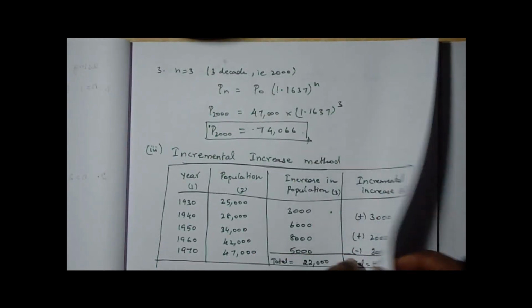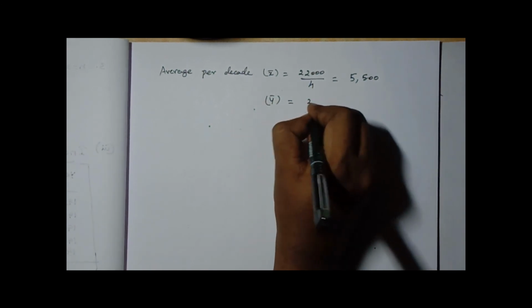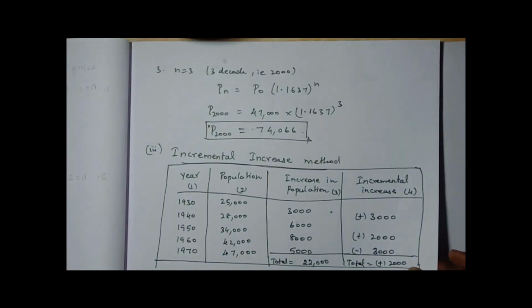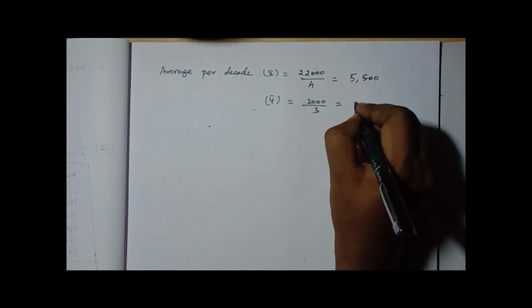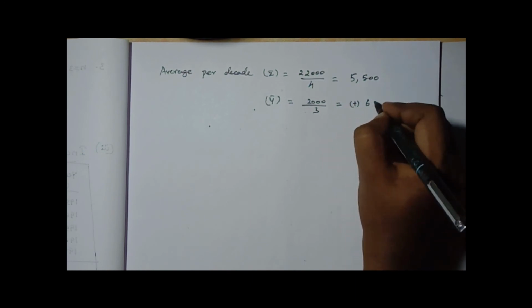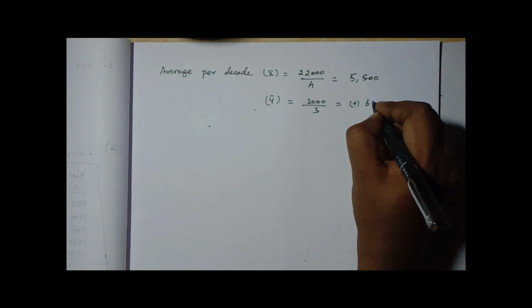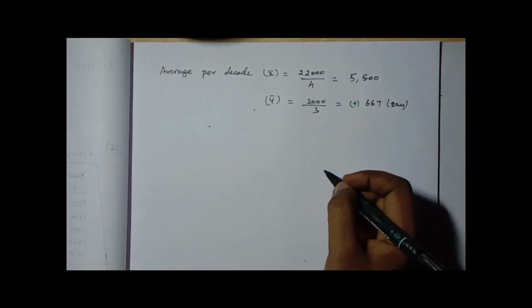Similarly, for the incremental increase in population, we have to find the average as y bar, which is nothing but 2,000 divided by 3, which we get as 666.66, we'll say 667. Okay.